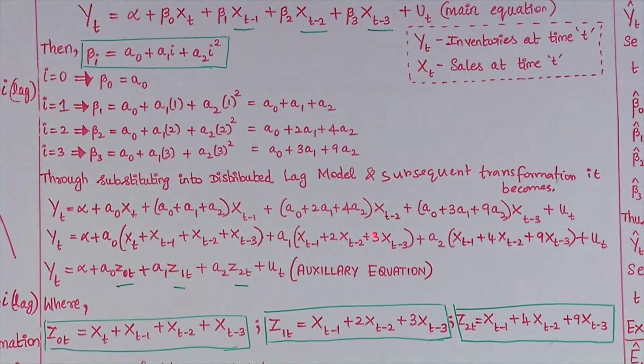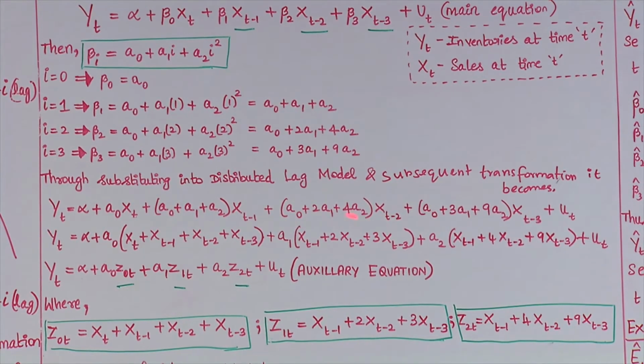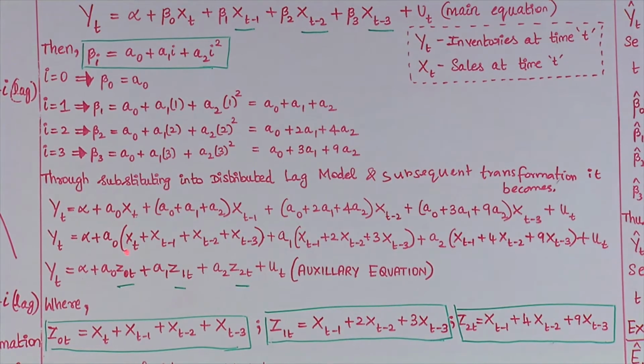Here also you have a term with a0, that is a0 xt minus 2, and here a0 xt minus 3. If you collect all the terms, you get a0 into xt plus xt minus 1 plus xt minus 2 plus xt minus 3.